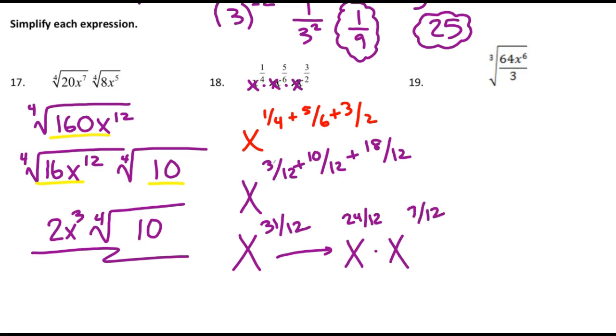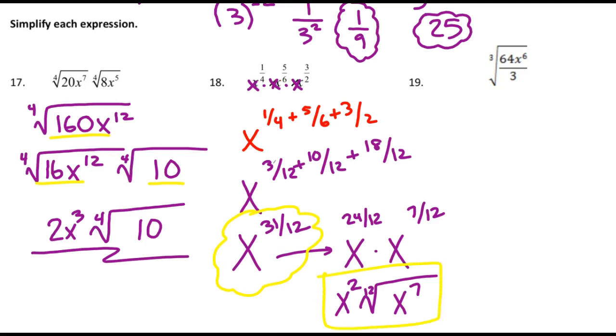But of course, x to the 24/12 is x squared, so this is x squared, and then if you get crazy here, the 12th root of x to the 7th. But I probably would just take this. But if you're looking in the back of books or something, you might see something wild like that.